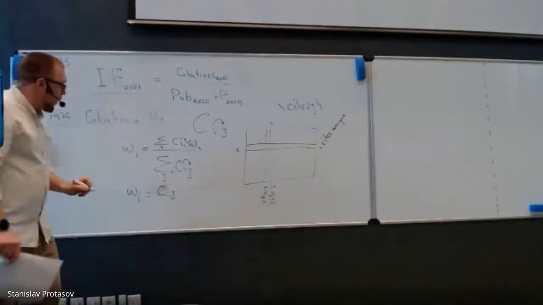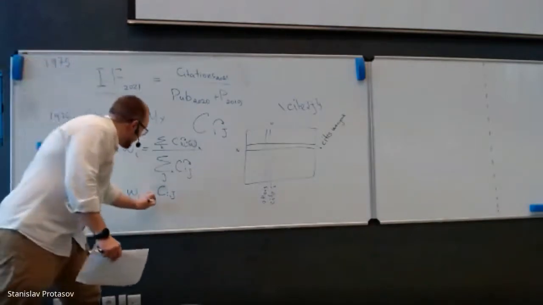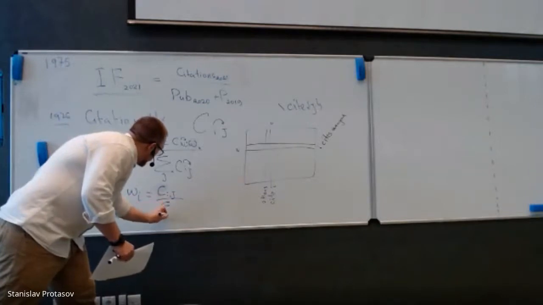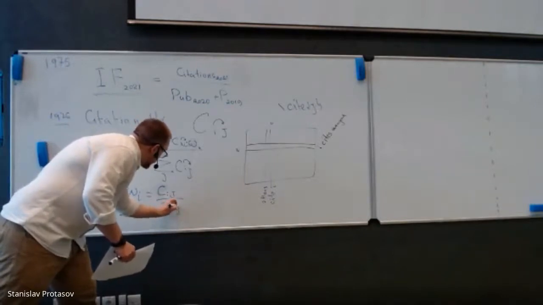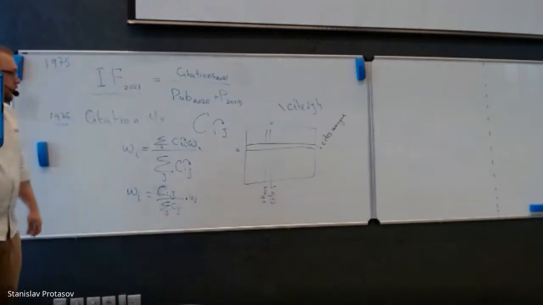So it's more like a Pythonic way of writing, it's a column of the matrix, divided by this number, sum of C_ij, dot product W. So it iterates through W.